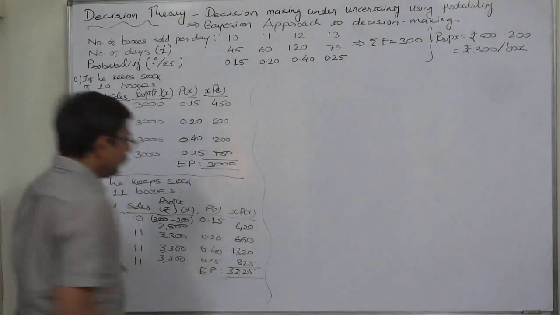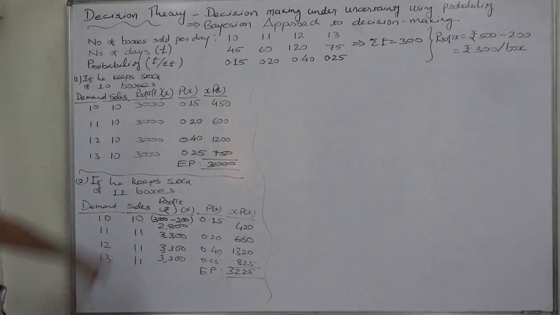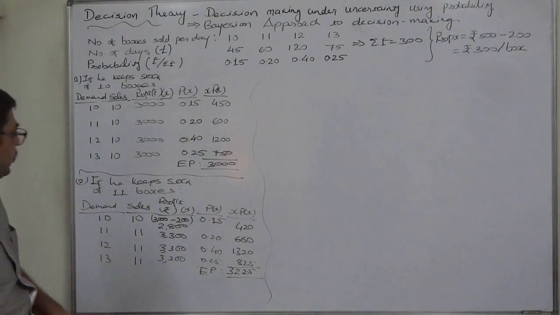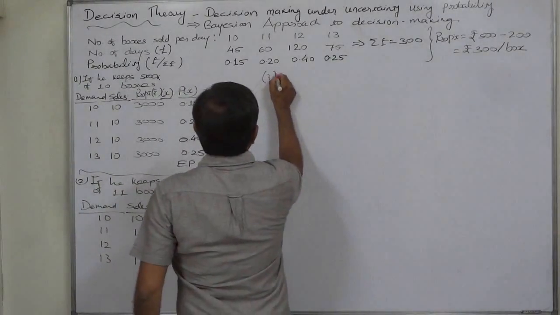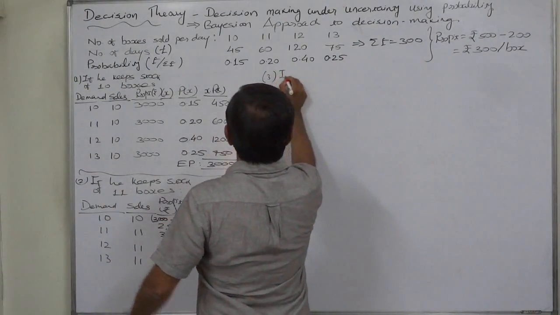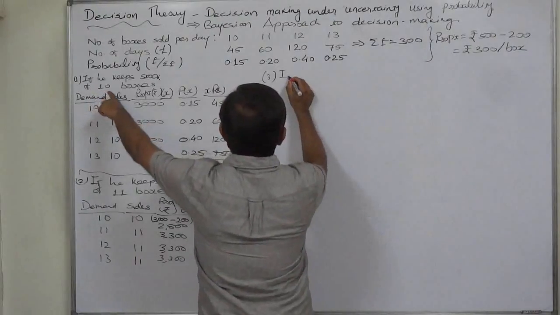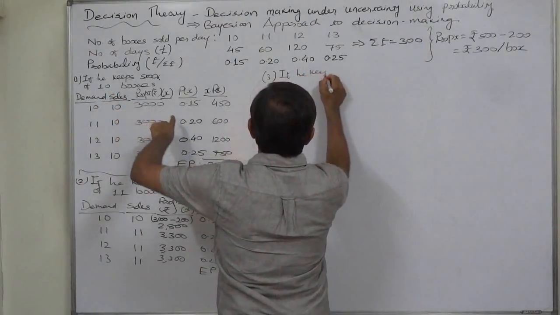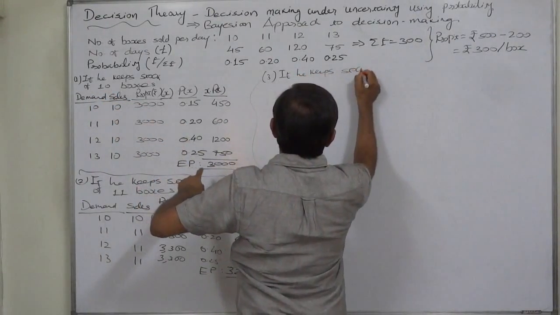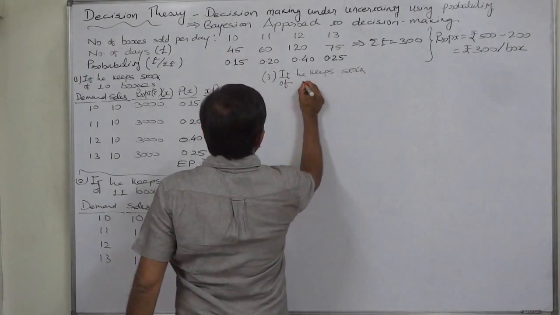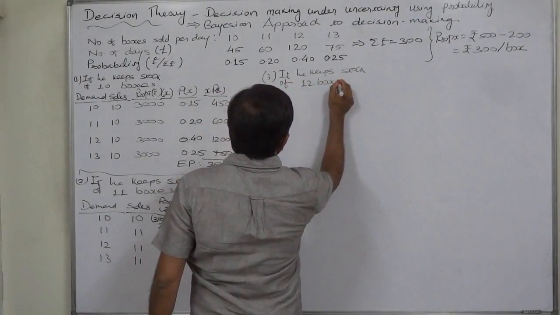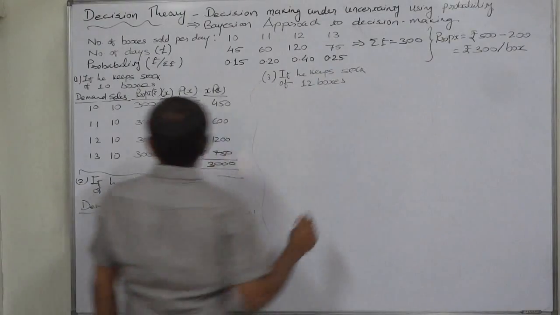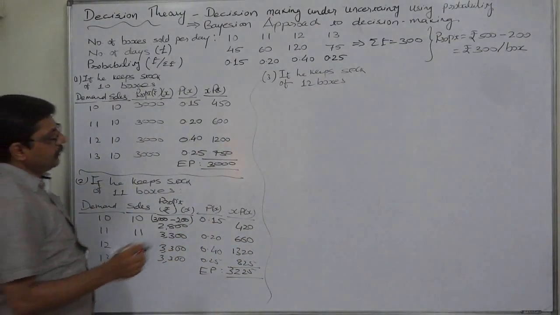Okay, now the fourth situation possible, third state of nature available to him, rather alternative available, if he keeps stock of 12 boxes. Yes, if he keeps stock of 12 boxes.